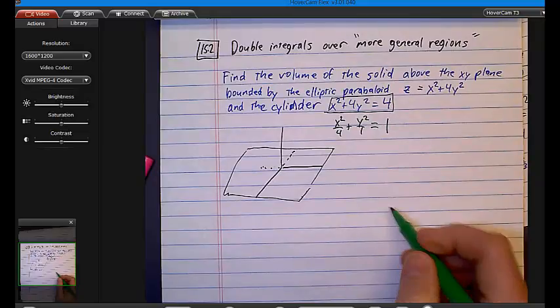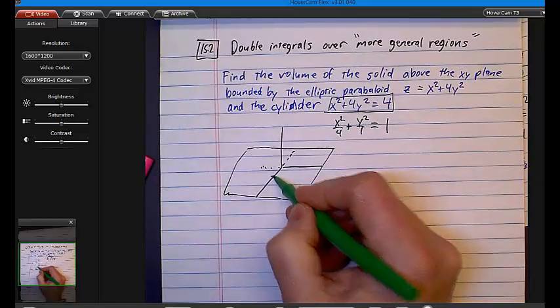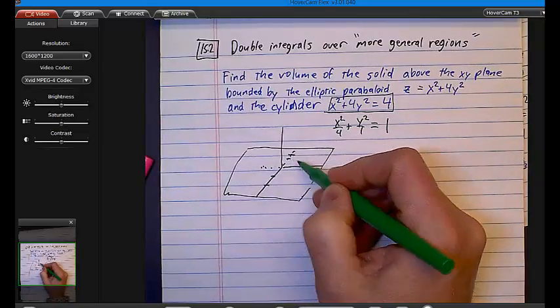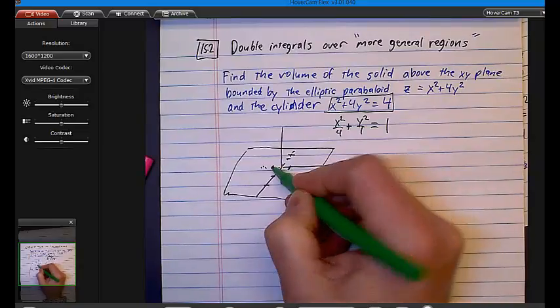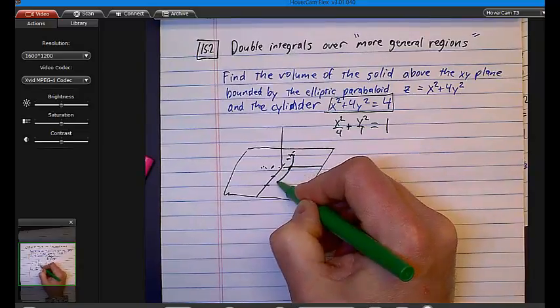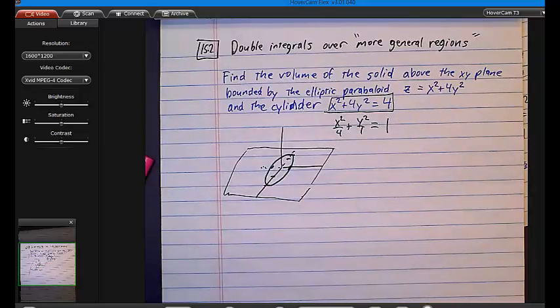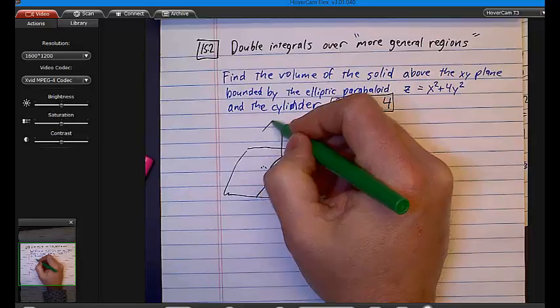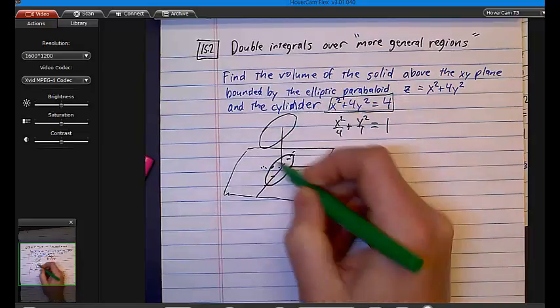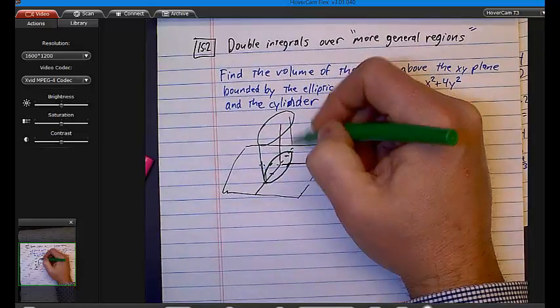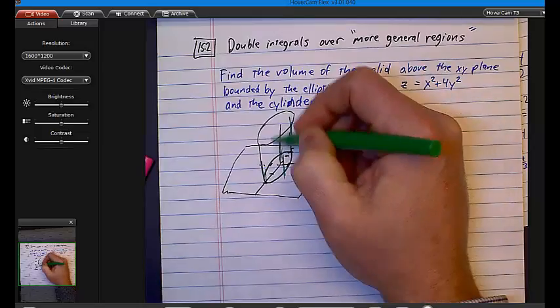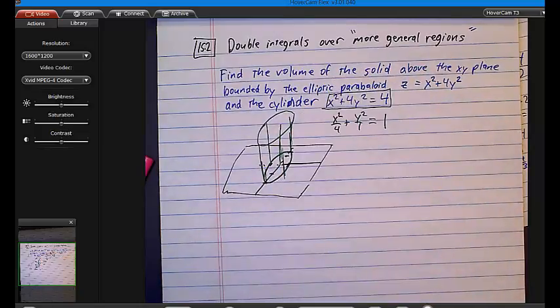And so this is an ellipse that in the x direction comes out 2 in each direction, but in the y direction it comes out 1. And so think of this green ellipse. But why do we call it a cylinder? Because z can be anything you want, right? So take that ellipse and just shift it up the z-axis or shift it down the z-axis, and somehow this cylinder, am I making that something you can imagine? I'll try. Okay.